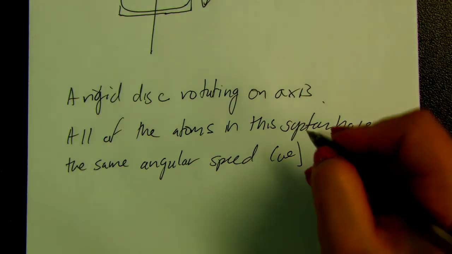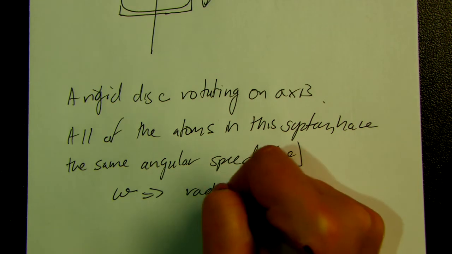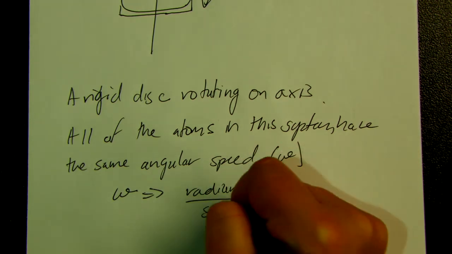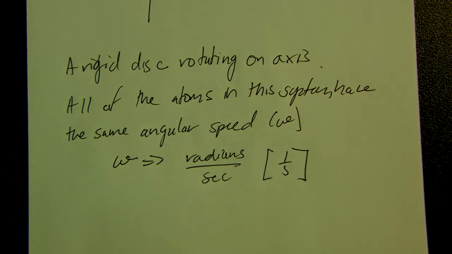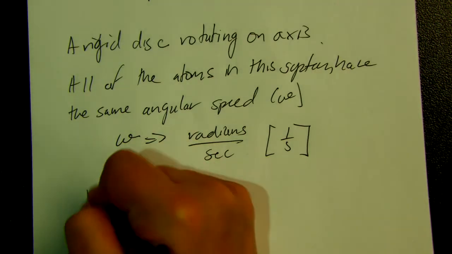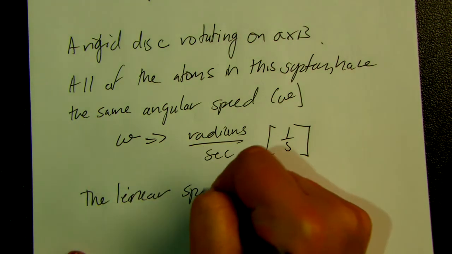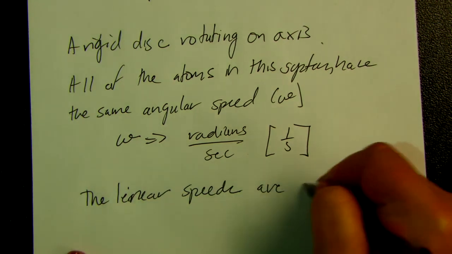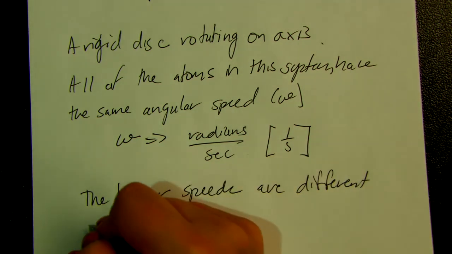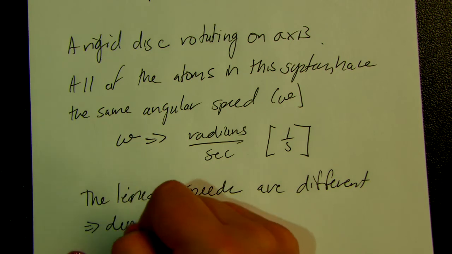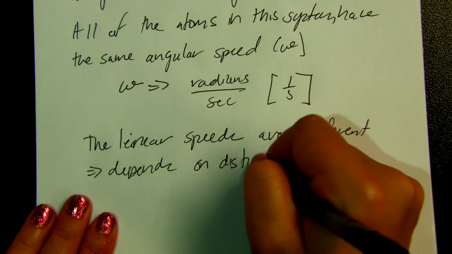This omega is measured in radians per second. We often see it written as 1/seconds. As I said before, the linear speeds are different, and they depend on distance from the axis.